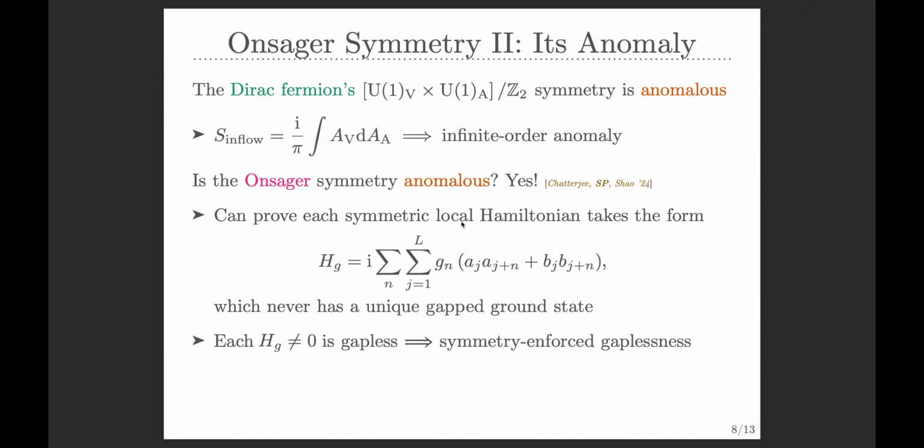It's a quadratic Hamiltonian, it's exactly solvable, and you can prove that there's no choice of G_n's for which this Hamiltonian will have a unique gapped ground state. Furthermore, as long as there's a single G_n that's non-zero, you can also easily show that this Hamiltonian is always gapless. So the Onsager symmetry implies a symmetry-enforced gaplessness, which matches the consequences of the perturbative anomaly.